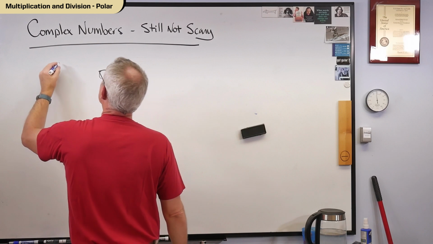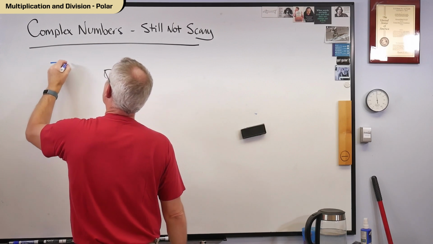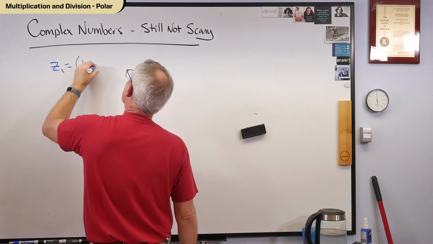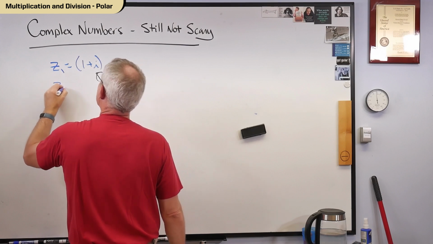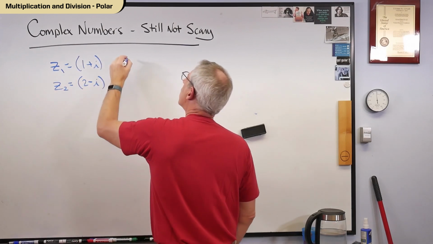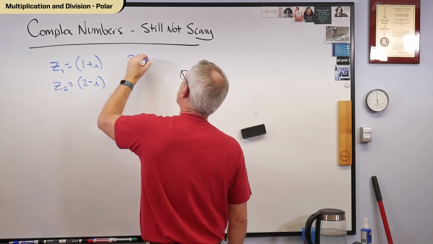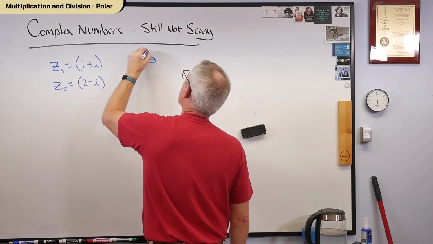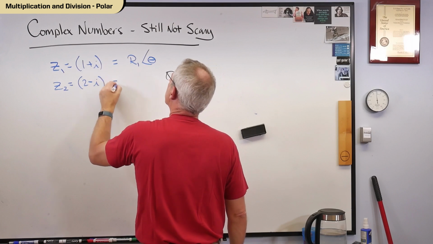Okay, so if I have Z1 equals 1 plus i and Z2 equals 2 minus i, I could have a radius R1 and a theta 1, and here's how you write that.